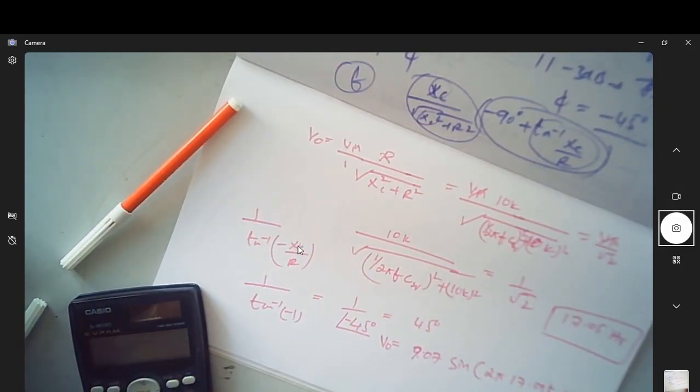Phase shift is tan inverse of Xc by R. Xc changes with frequency, so this tan inverse of the quantity will also change. So this 45 degrees can be 60 degrees, it can be 20 degrees, or it can be 0 degrees. So the phase shift is plus 45, plus 0, plus 10, plus 60, plus 80, not more than 90 degrees.